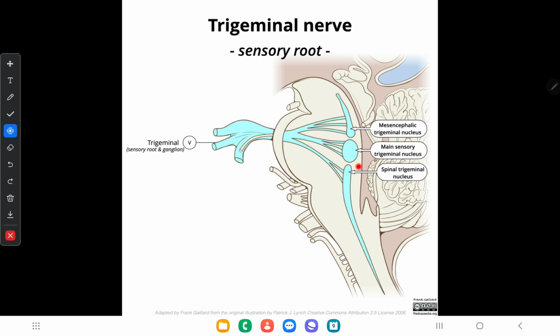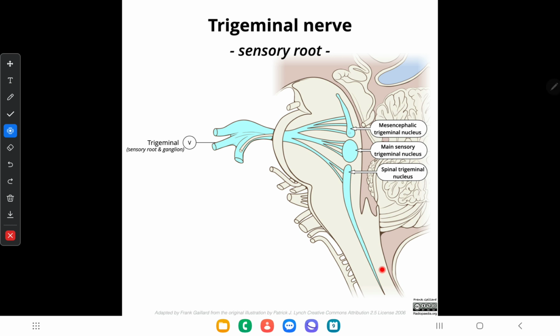The principal or chief sensory nucleus is present in the pons lateral to the motor nucleus. This is the chief, principal or main sensory nucleus. The nucleus of the spinal tract of the trigeminal nerve begins in the principal nucleus and goes down beyond the lower end of the medulla oblongata, where it is continuous with the substantia gelatinosa of the second cervical segment of the spinal cord.